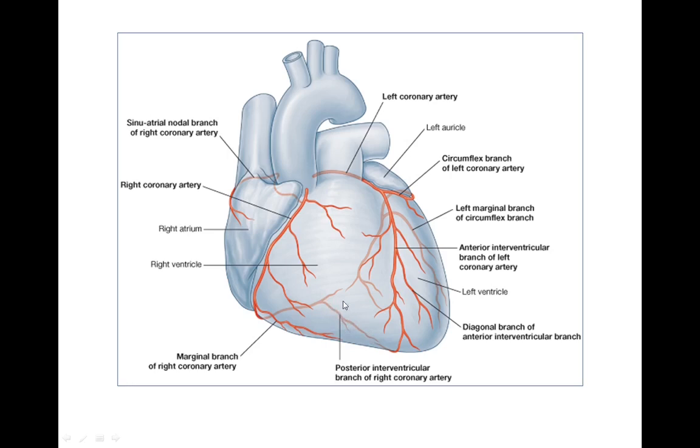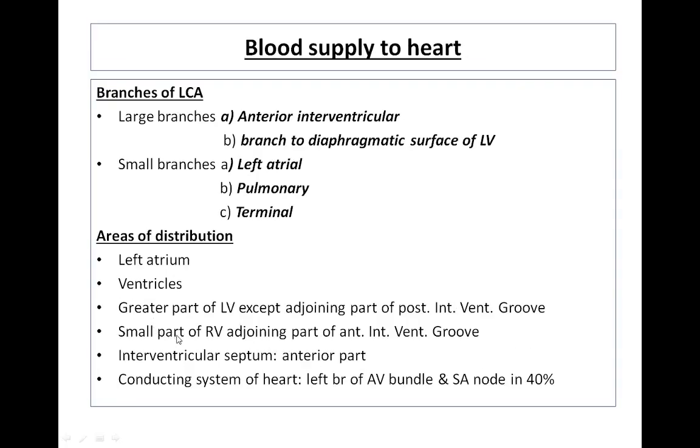This adjoining part is supplied by the right coronary. Otherwise, the left coronary artery supplies the whole left ventricle, anteriorly as well as posteriorly. Clear?